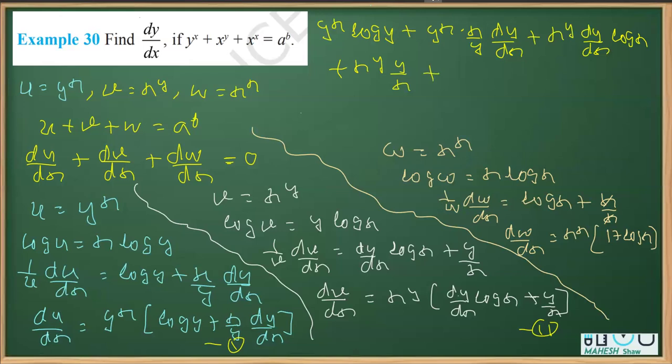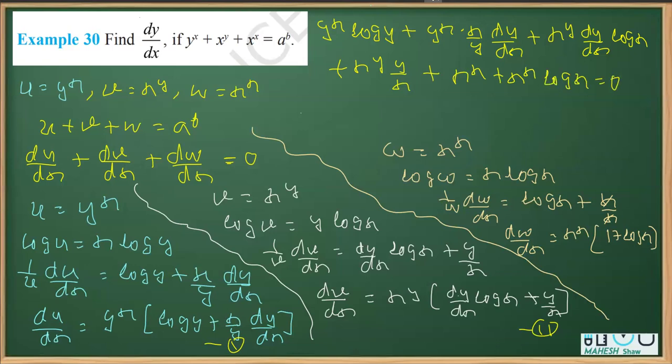And finally, we have dw by dx, and dw by dx is this. That is x raised to the power x times 1, and then x raised to the power x times log x, and that is equal to 0.